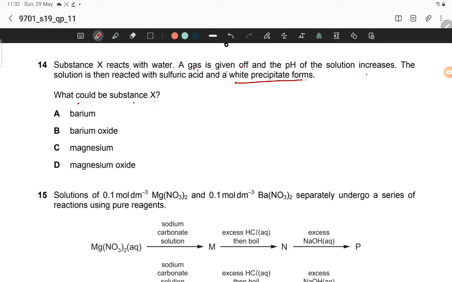Barium. Yes, barium reacts with water to form barium hydroxide, and the pH of the solution increases, plus hydrogen gas. A gas is also given off, hydrogen gas.